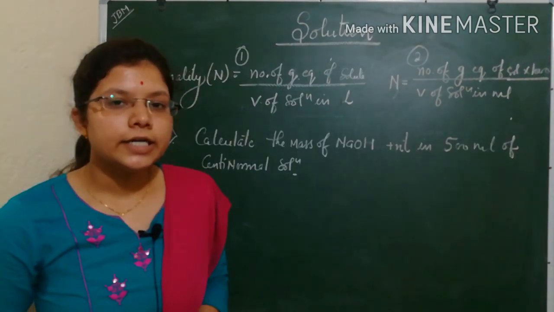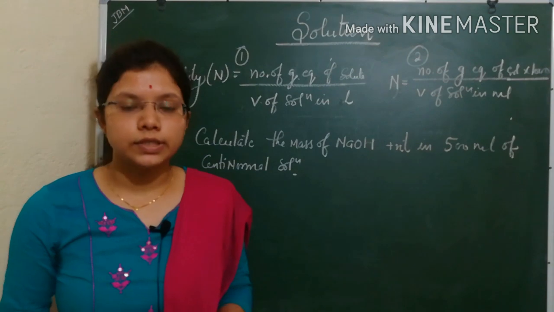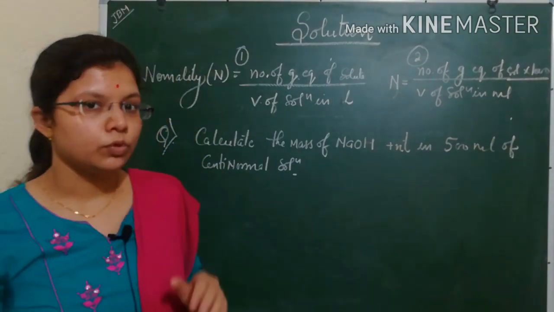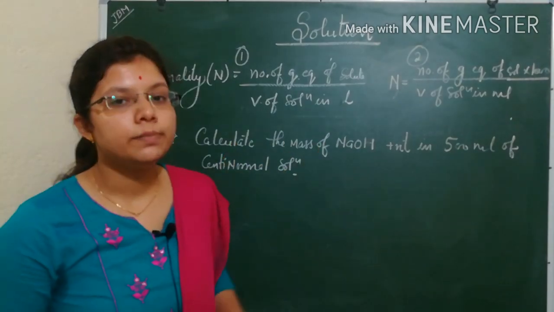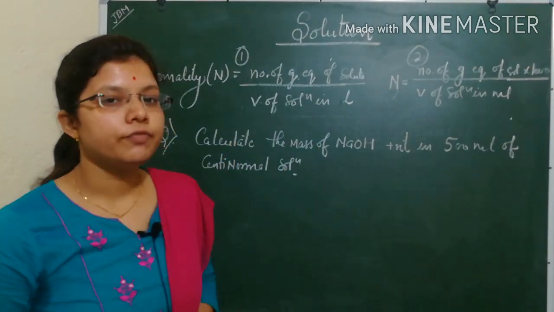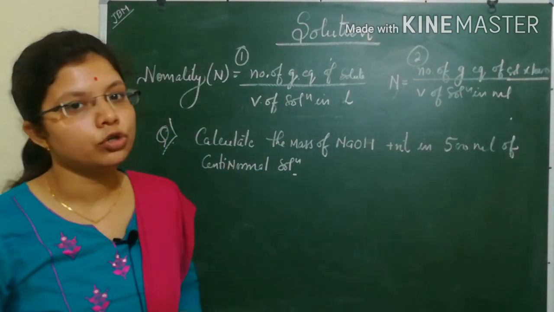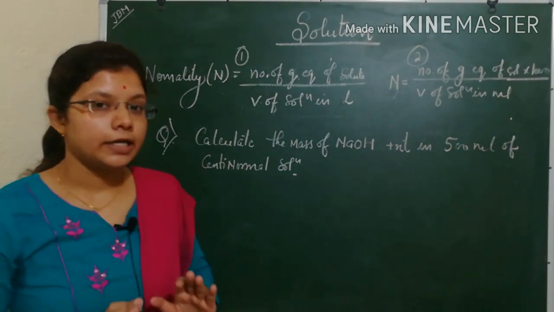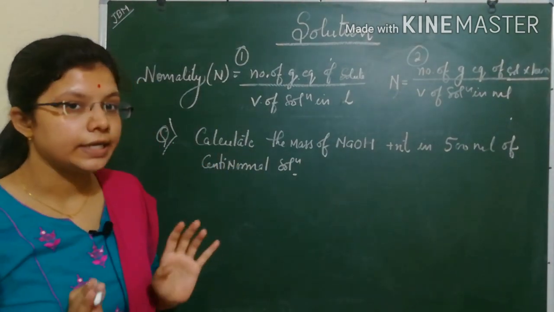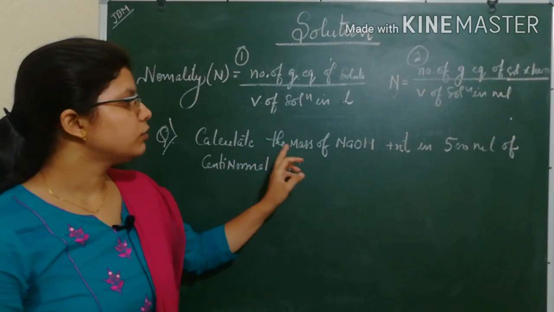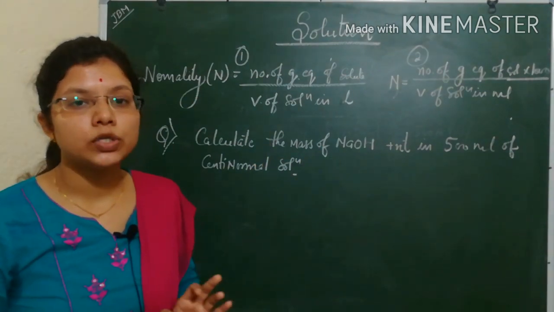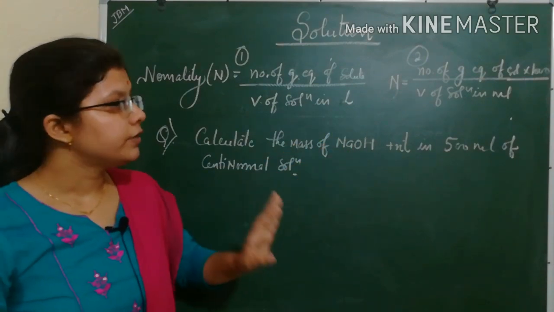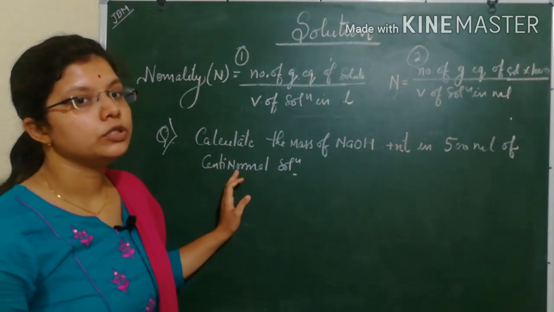Now let's start the question that is related to this type of term. Suppose a question is given in your book: calculate the mass of sodium hydroxide present in the 500 milliliter of a centi-normal solution. Okay. See here, read the question carefully once again.